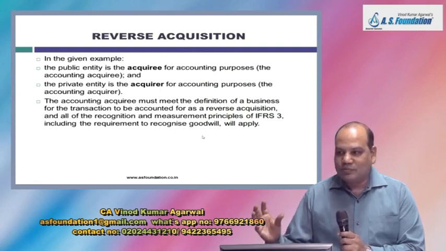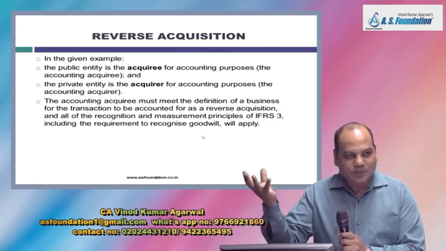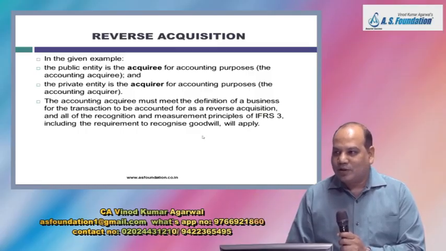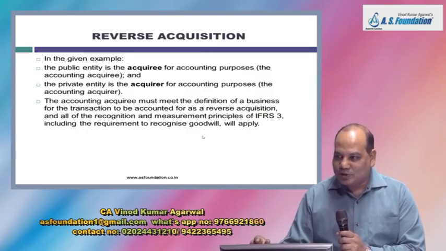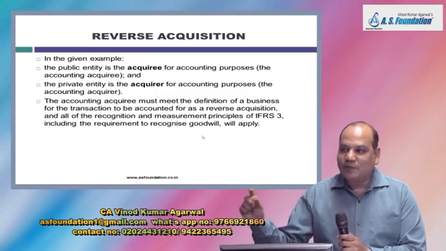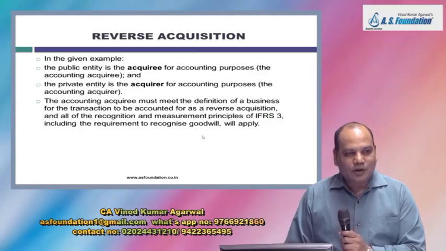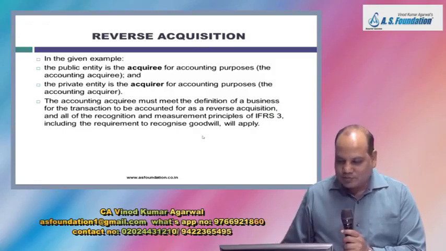Fair value means we'll take the share capital multiplied by share price. So that is the fair value of the accounting acquiree's business compared with the fair value of net asset. The difference is goodwill or gain on bargain purchase. Okay, we'll take one example.